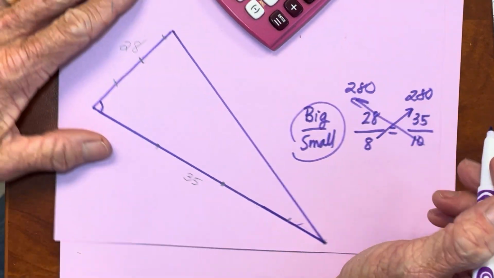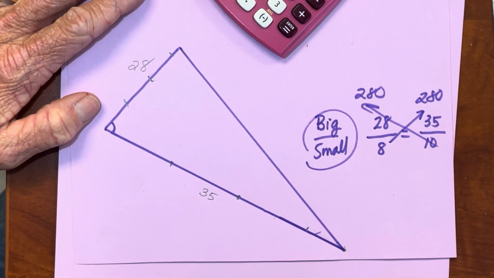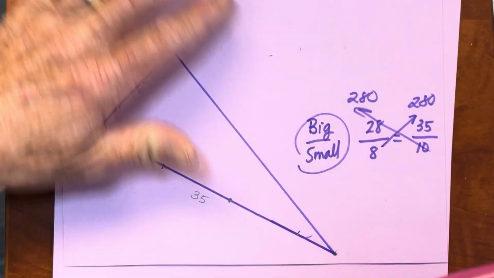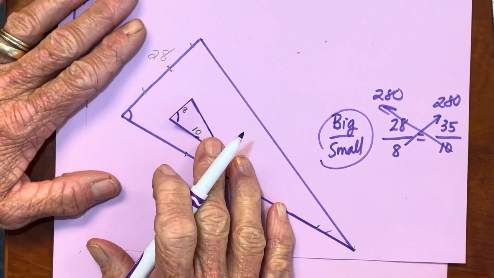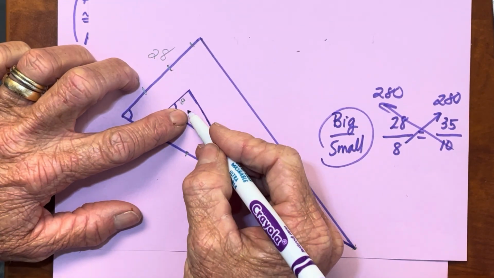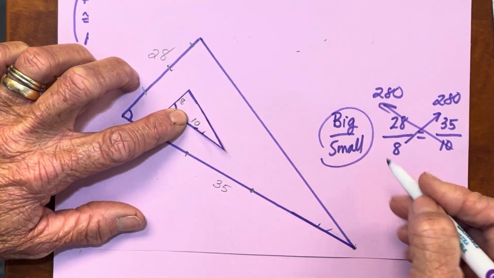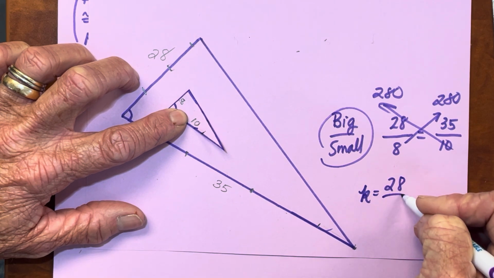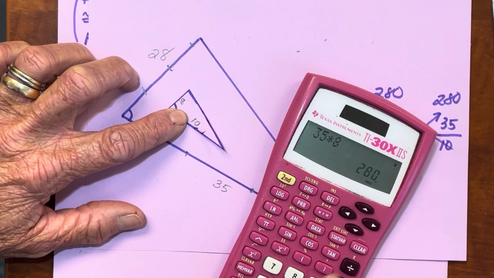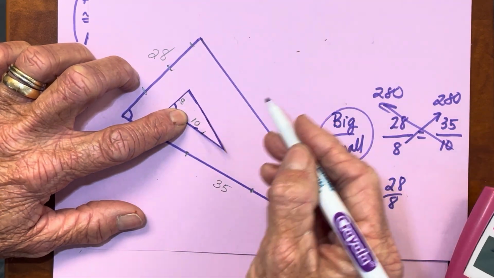And if I want to come up, say, with an actual scale factor, then we can take a value from, it depends which way we're going, I suppose. Say if I was going from small to large, I know I want that scale factor to be greater than 1. So we could do the larger number over its matching smaller number, and 28 divided by 8, we have a scale factor of 3.5.